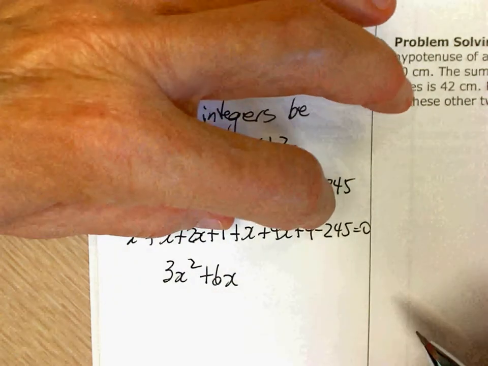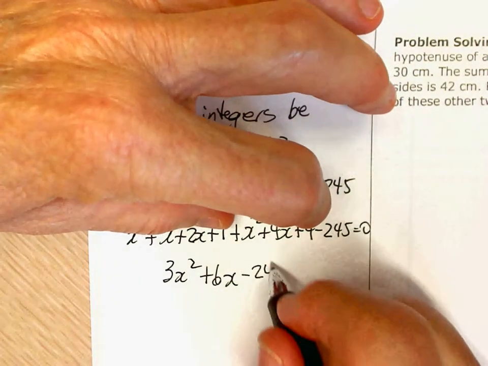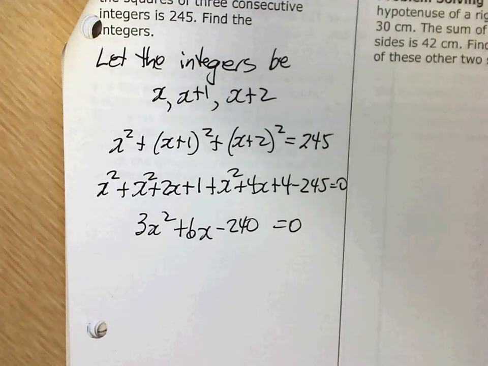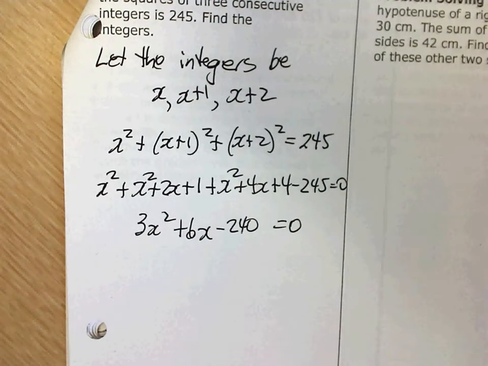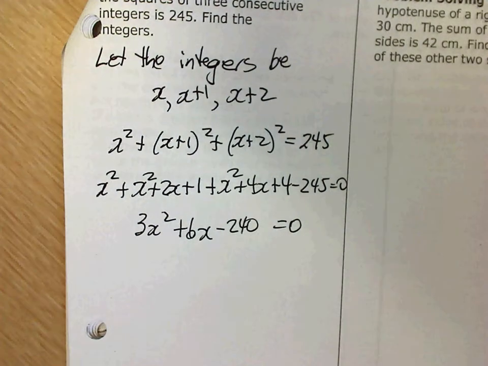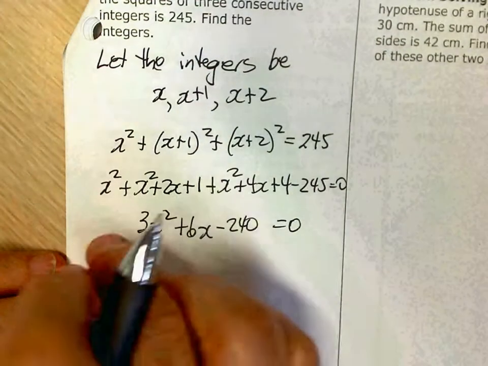What's one thing I can do to make my life a whole lot easier? You can divide everything by 3, right? You don't want to work with trying to solve 6 squared minus 4 times 3 times negative 240. So if you can do the same thing to both sides, do it. We'll divide by 3, make our life easier.